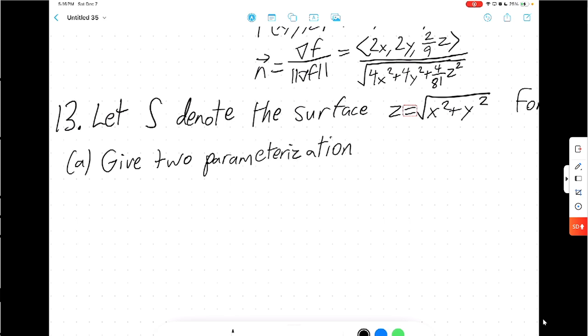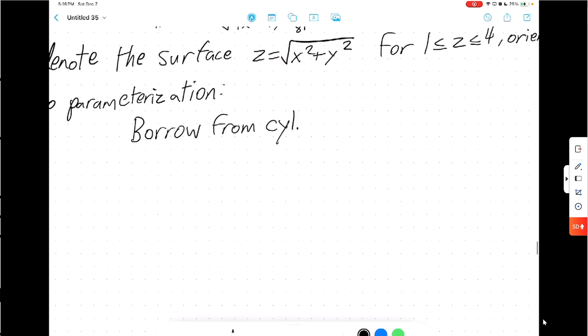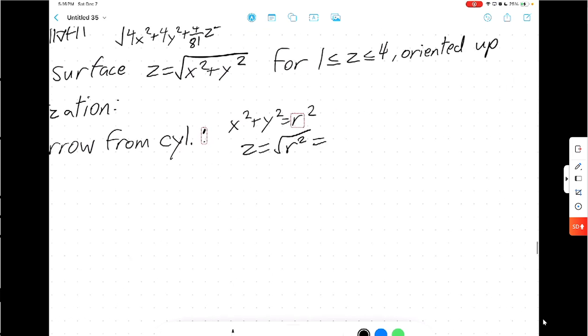Alright, time to start borrowing stuff. First, I'm going to try and borrow from cylindrical. Using x squared plus y squared equals r squared, z is equal to the square root of r squared, which is just r.